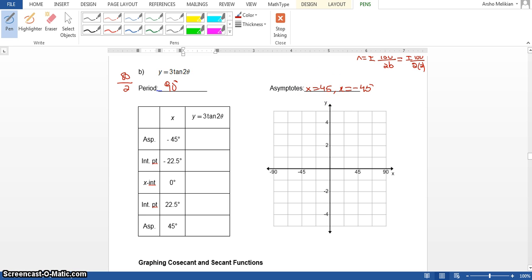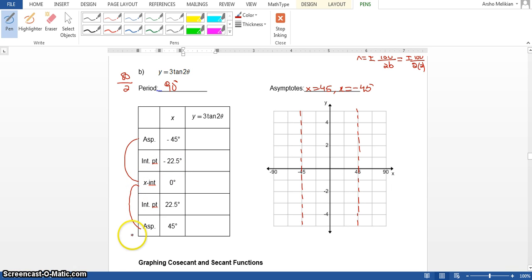Remember, it's an equation of a line. You must have the x equals there. Can we just write x equals plus or minus 45? Yes. Okay, so here are the values. I've already put them here. So we go from negative 45 to positive 45. The halfway point is 0. Now, halfway between these two is negative 22.5.